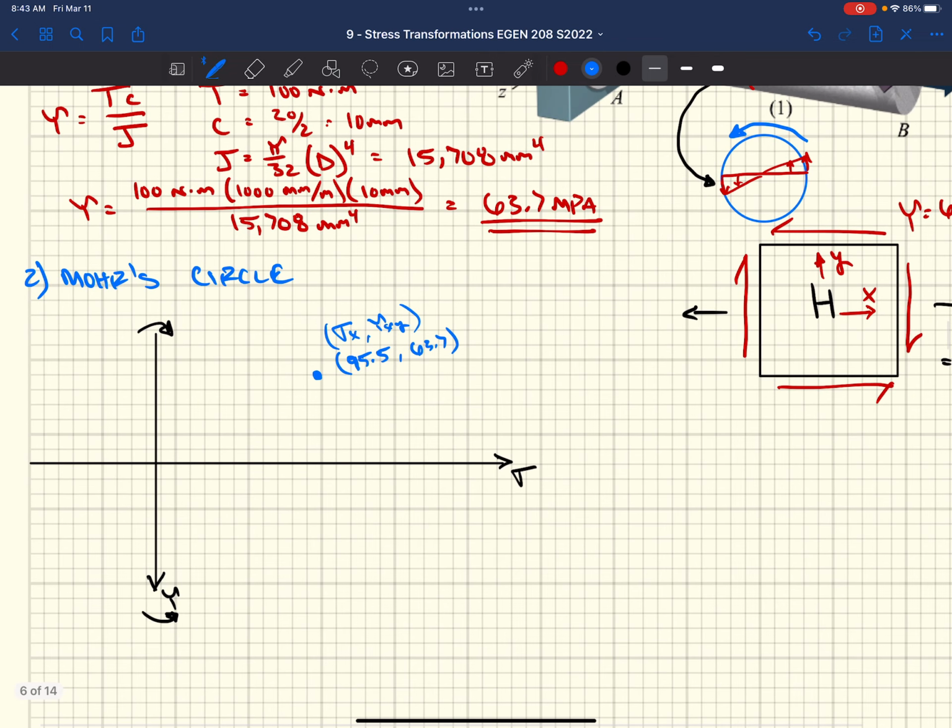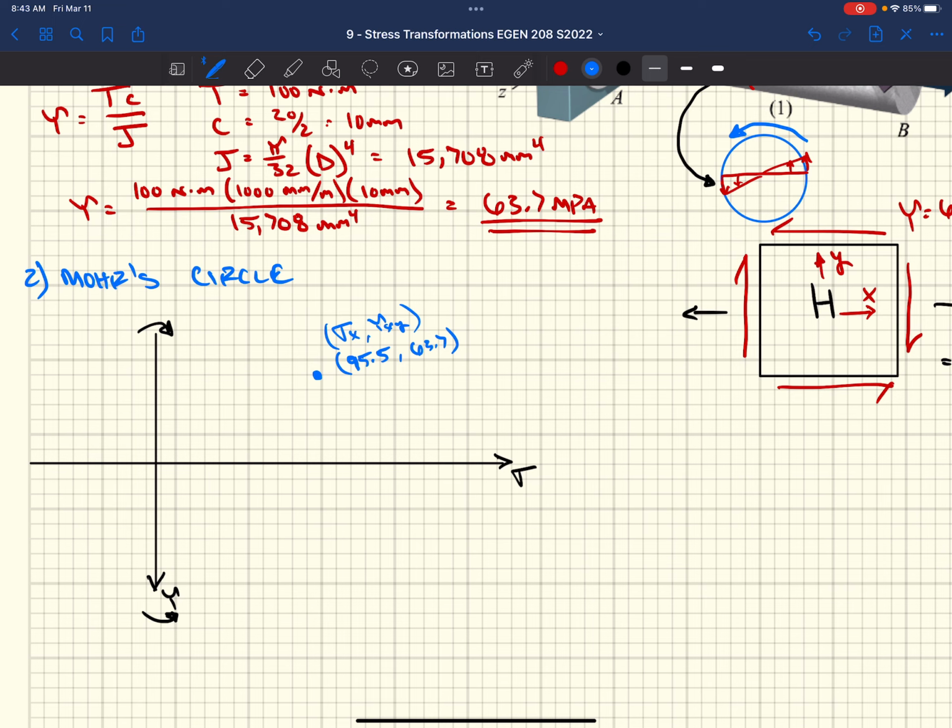Similarly, now we plot what's going on the y face. We have 0 normal stress, so we're going to be along the y-axis. But similarly, we have a shear stress of the same magnitude, but now it's trying to twist our block in the opposite direction, counterclockwise, so we're below the x-axis by an equal amount.